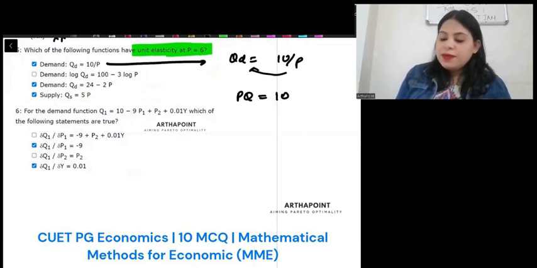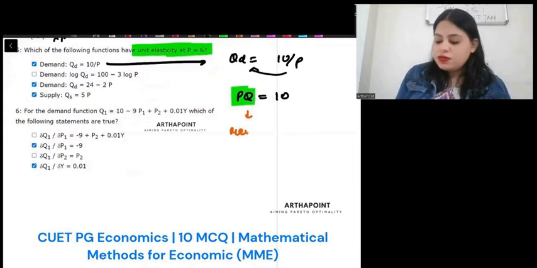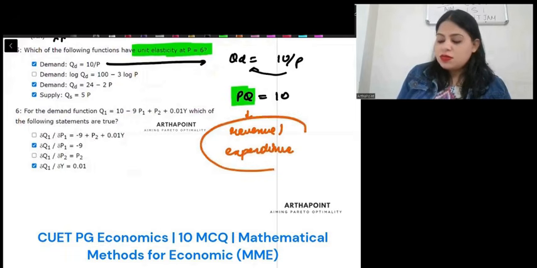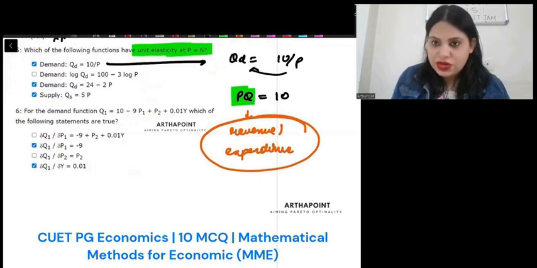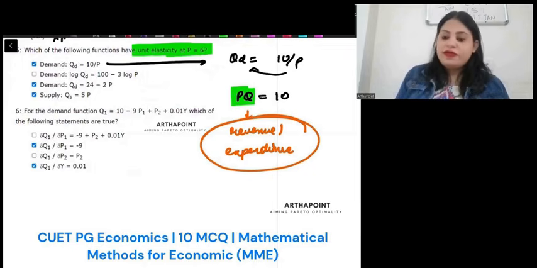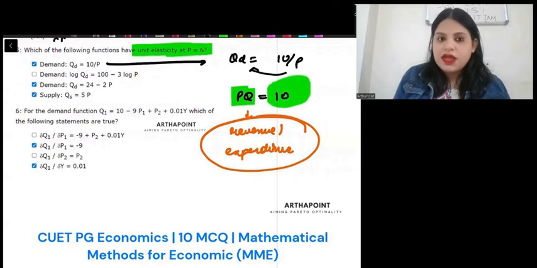Okay. Beta, P into Q is revenue or expenditure. Right? P into Q is revenue or expenditure. Beta, you have a constant revenue of 10.